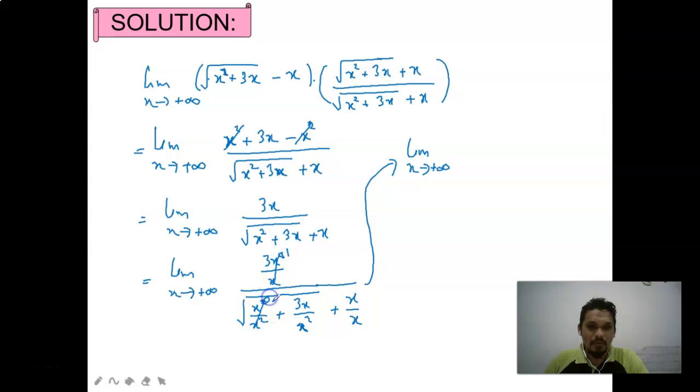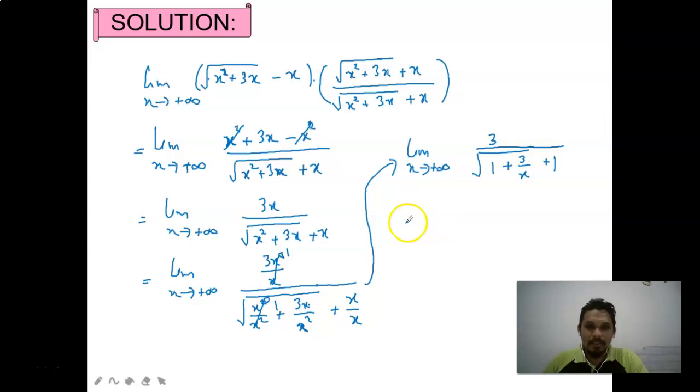This is also 1. 3 divided by the square root of x squared divided by x squared, which is 1, plus 3x divided by x squared, which gives 3 divided by x, plus x divided by x equals 1.